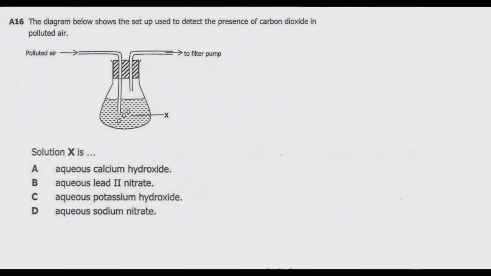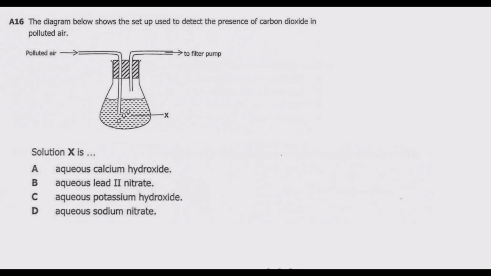Let us look at question 16. The diagram below shows the setup used to detect the presence of carbon dioxide in polluted air. So we have polluted air enter there, then pass through solution X and is filtered out to the pump.